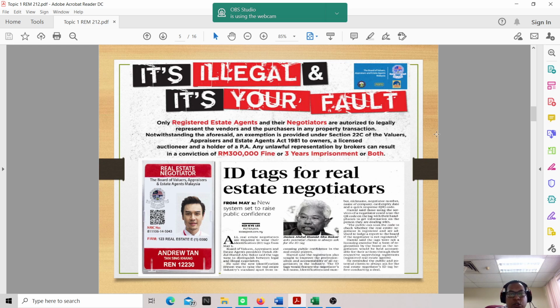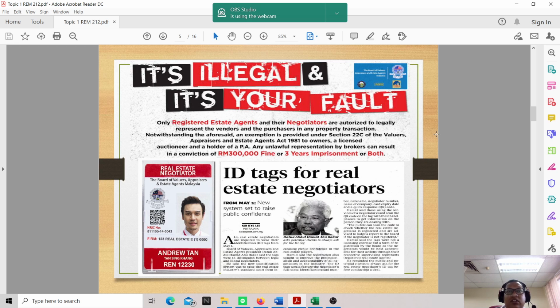Okay, so any unlawful representation by brokers can result in a conviction of a 300,000 ringgit fine or 3 years imprisonment or both. So this should be a deterrent in Malaysia, but there are still people practicing out there as brokers. They don't seem to be bothered by the fine or even the imprisonment threat.